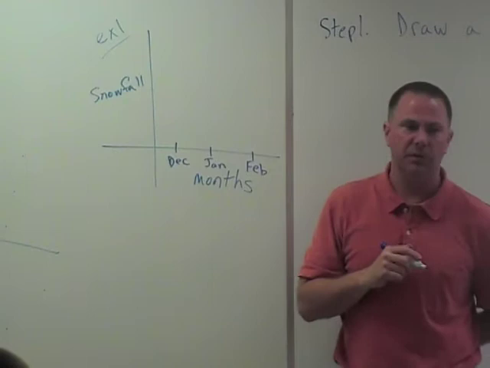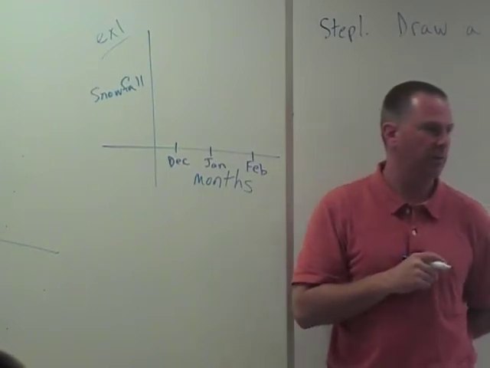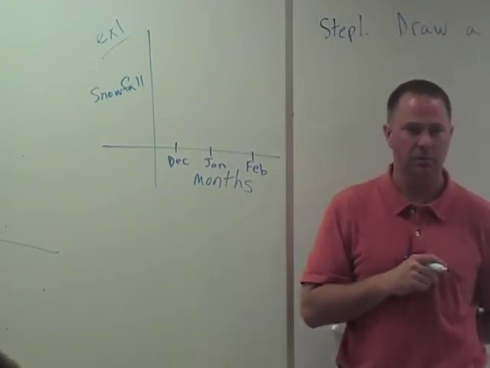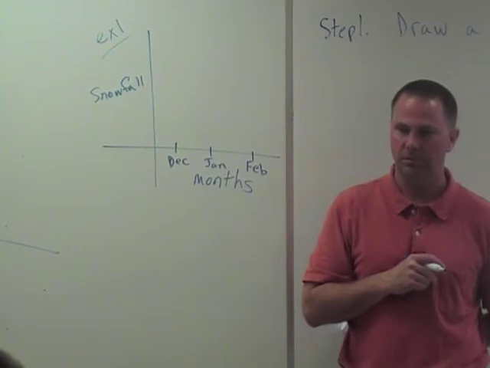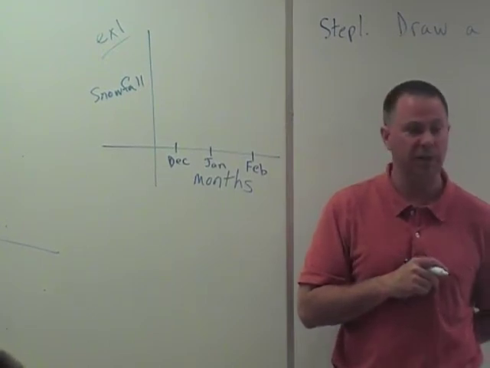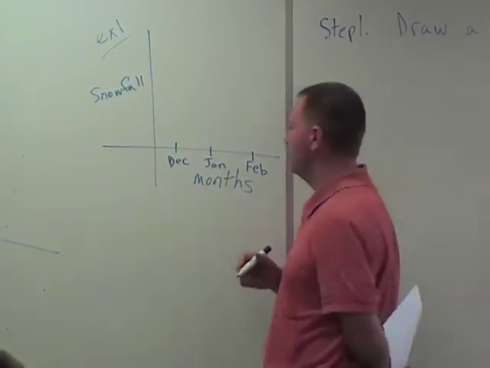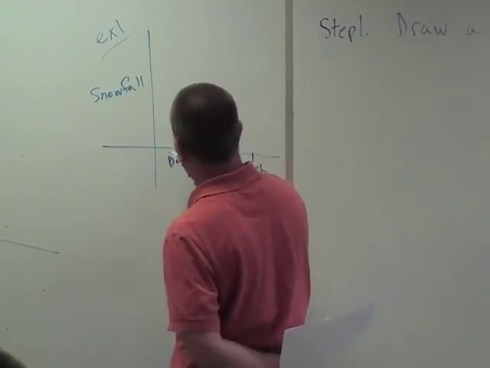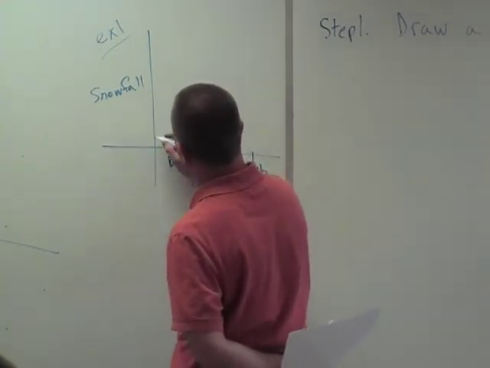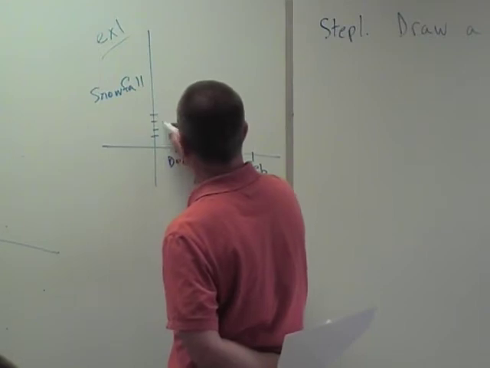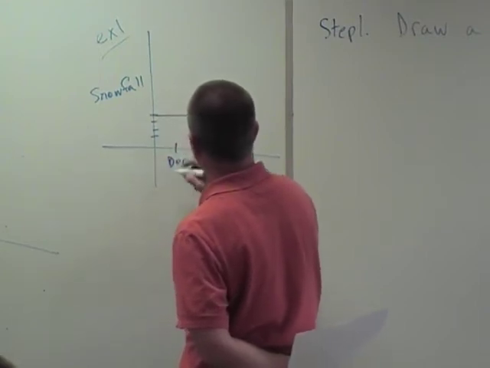You think there's a positive correlation, negative correlation, or no correlation? Well, it all depends on your data. Let's say in December we got 4 inches of snowfall.